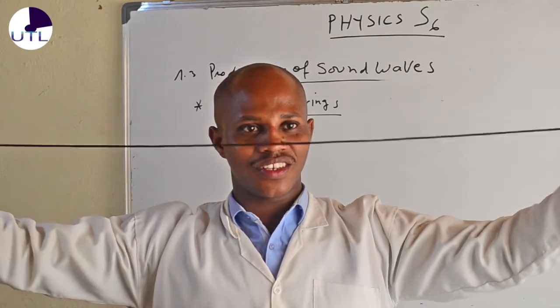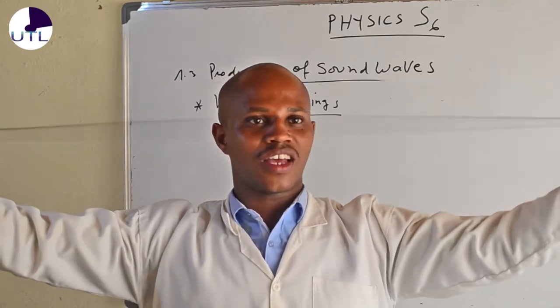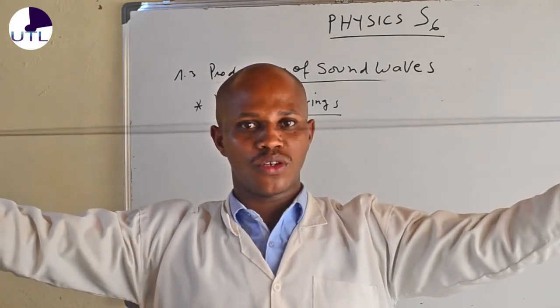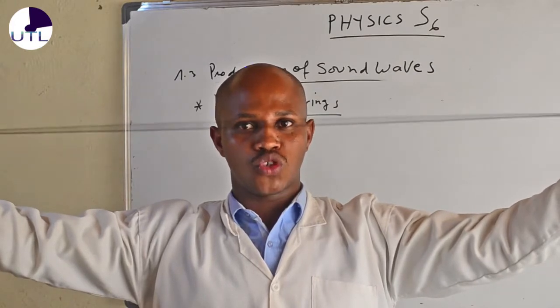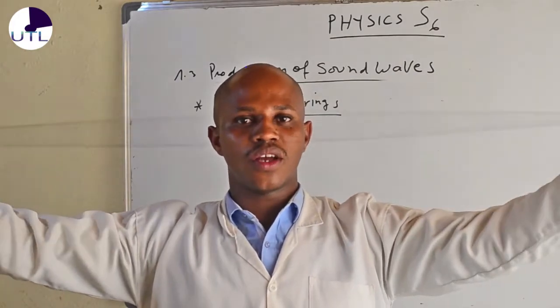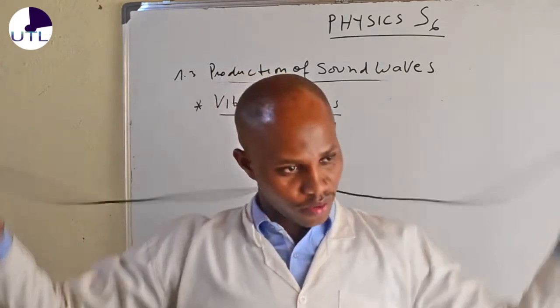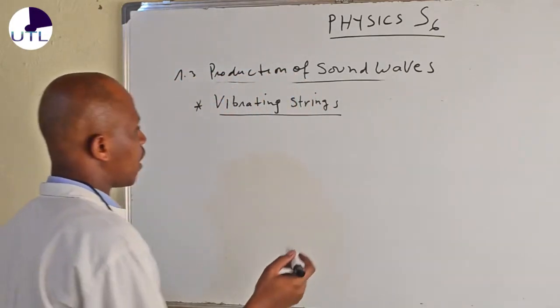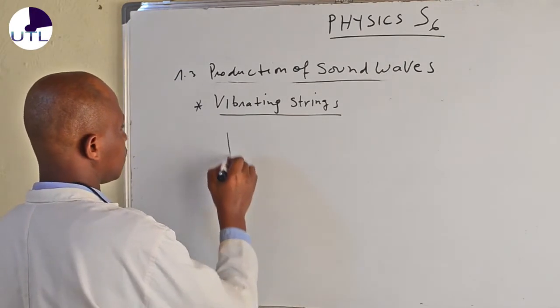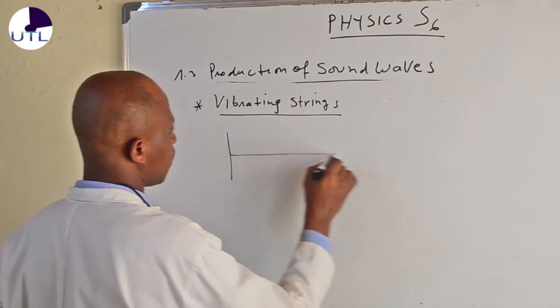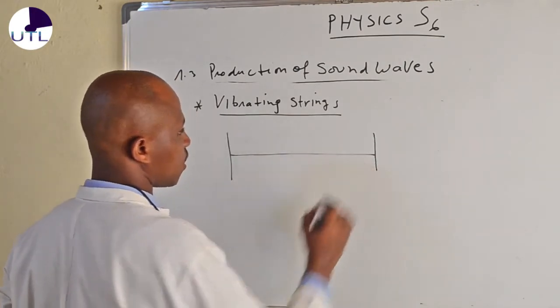Very interesting. You can see that it can produce sound waves, but we are going to use a diagram to show how this can produce sound waves. Now let us take an example. Let's take this one end and this other end.